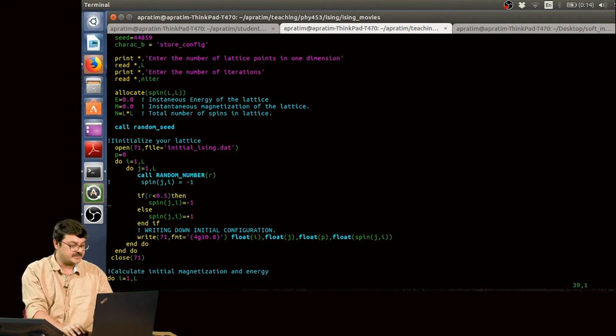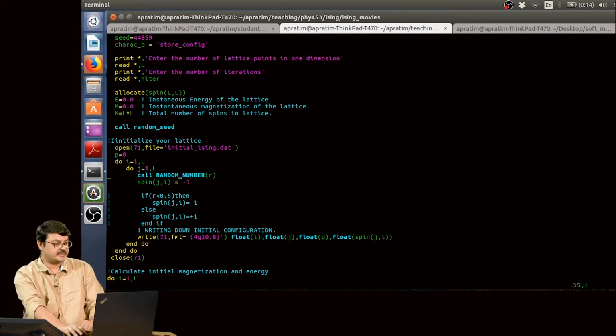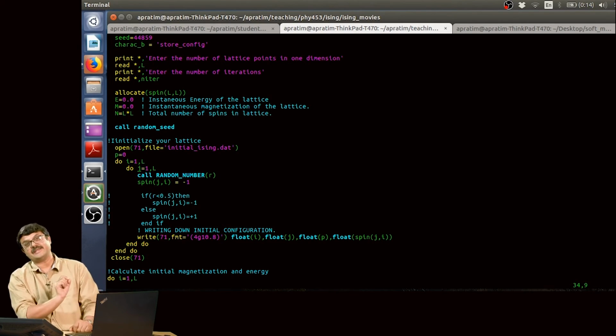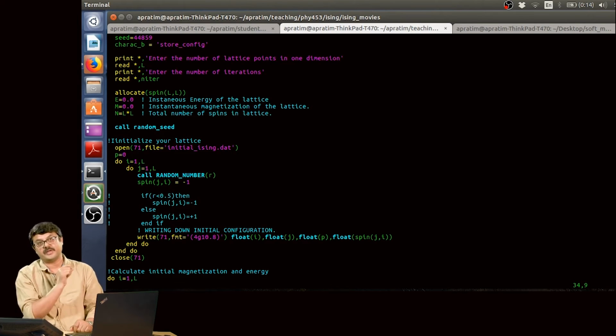Then what you can simply do is comment out this part and do this: do I equal to 1 to L, do j equal to 1 to L. So, when you run it, the code will go I equal to 1, 2, 3, up to 10, and corresponding to j equal to 1, and then j will also change.